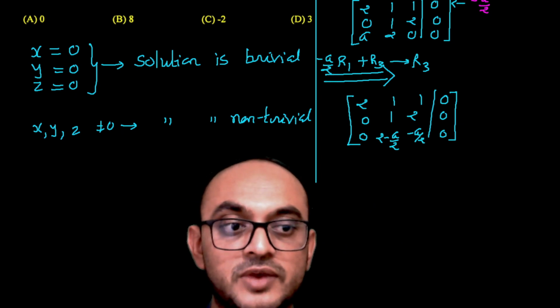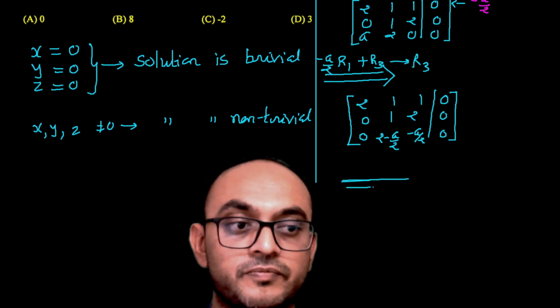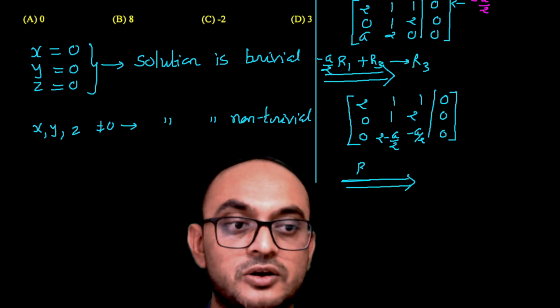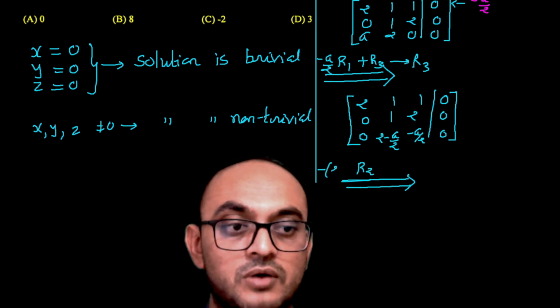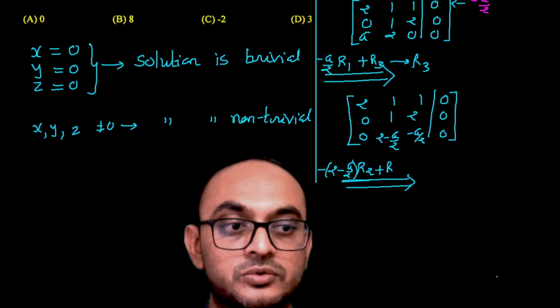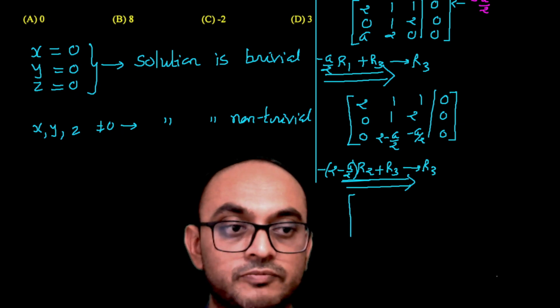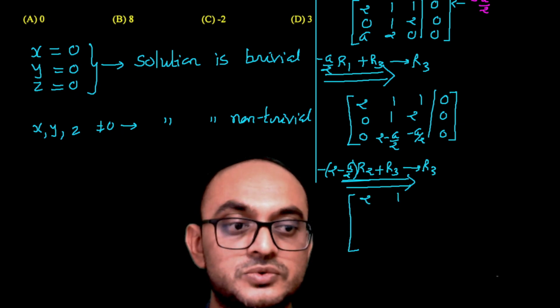So let us multiply the second row by minus of 2 minus a upon 2, add into the third row and substitute into the third row. So this is 2 1 1 0, 0 1 2 0.